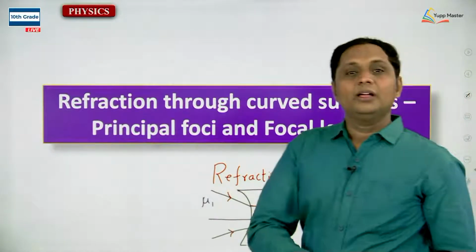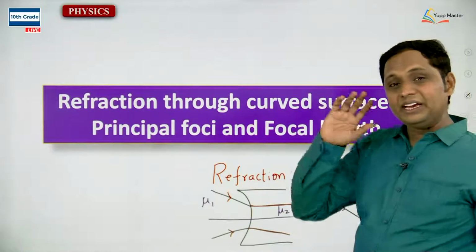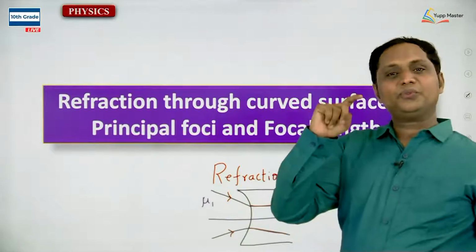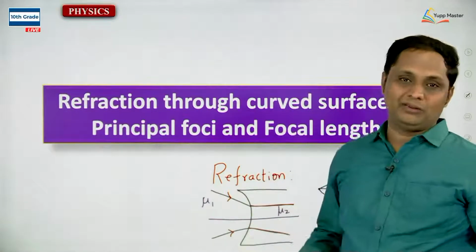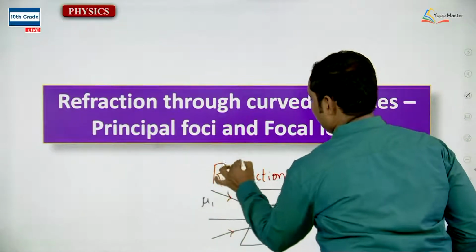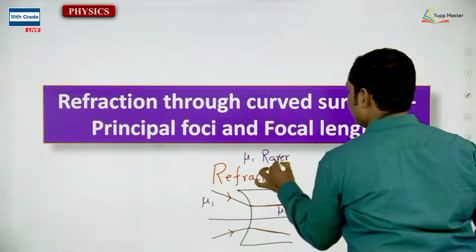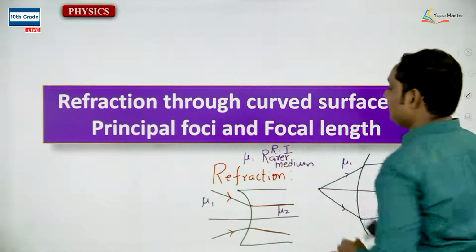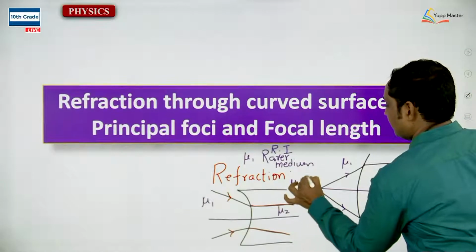We have learned that whenever light rays enter from denser to rarer medium, it is different. The refracted ray moves away from the normal. So for the first case, this is the rarer medium, mu1, the refractive index of the rarer medium. Mu2 is the refractive index of the denser medium.